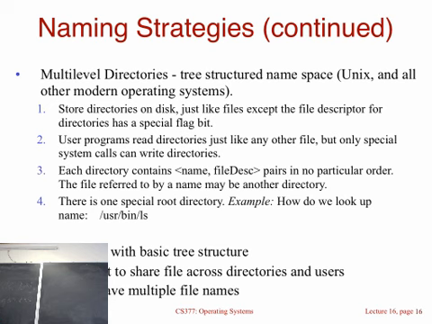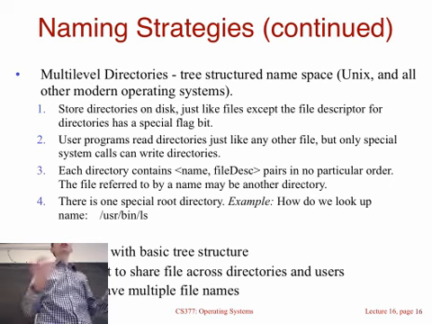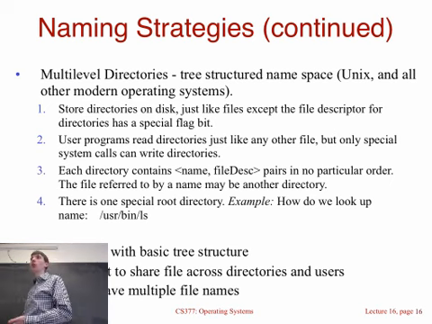Slash home is normally where we keep user home directories. So here we might have user A, user B, user C, and so on. They all have their own directories, and we don't impose any limit on the number of levels.